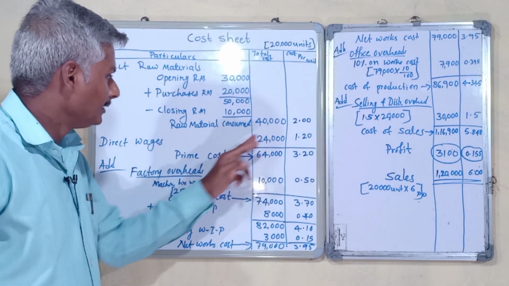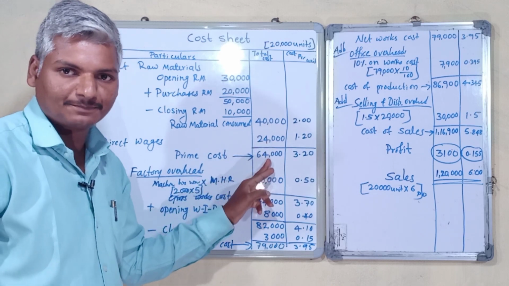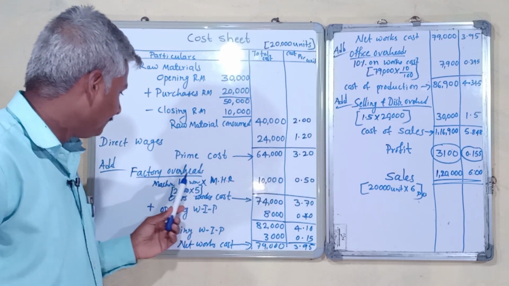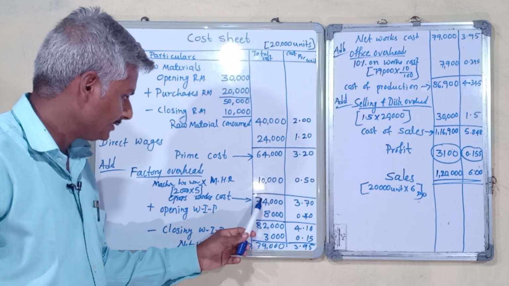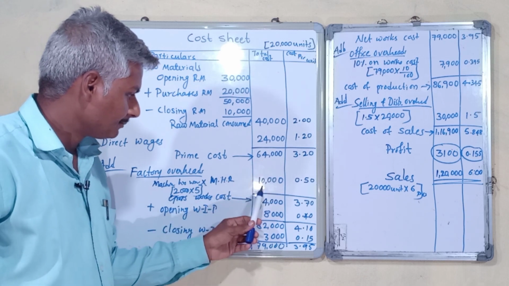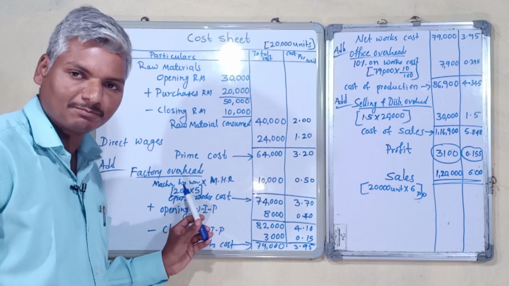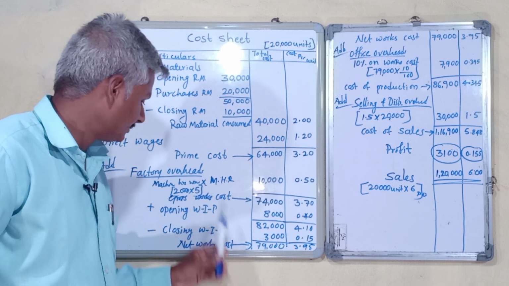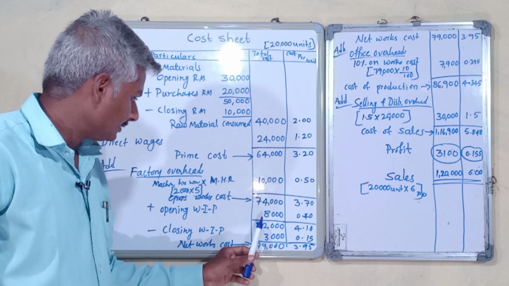Adding raw material consumed to direct wages gives prime cost, that is 64,000. Then adding factory overhead, 64,000 plus 10,000 is 74,000. It is based on machine hour rate and machine hours worked. Then we get 82,000 and 74,000.